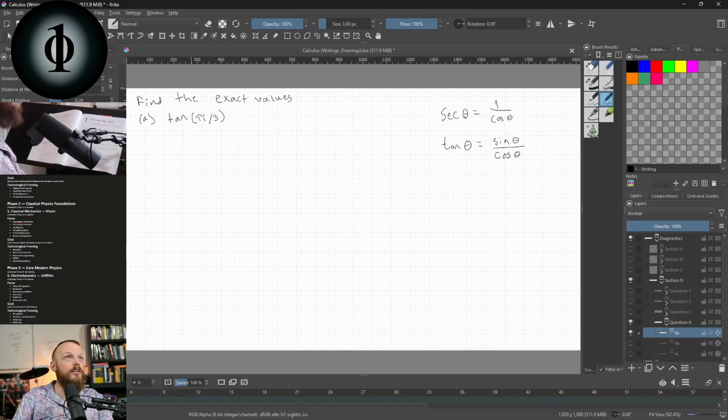All right, now I'm looking at the unit circle. Tangent, which is sine over cosine. And I believe on the unit circle, it goes cosine, sine.